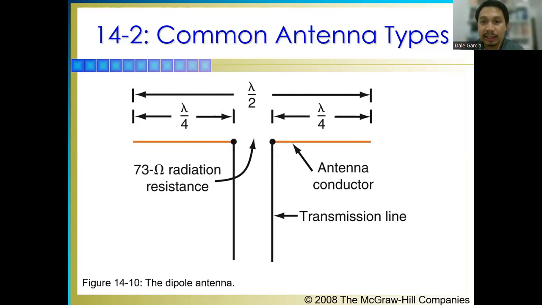So antennas are examples of loads that can be connected to a transmission line. So if our transmission line is 50 ohms, our antenna should also be 50 ohms.